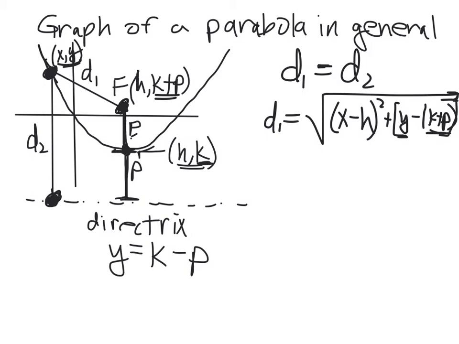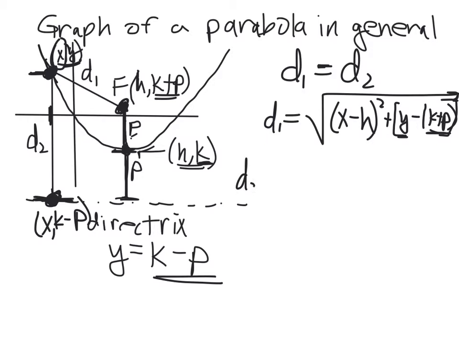Now the distance from that point down to the directrix. Well, what are the coordinates of the point on the directrix? This is the same x value that this point has, and then the y value would be k minus p, because that horizontal line, y equals k minus p, is the directrix. So any point will have k minus p as the y value.